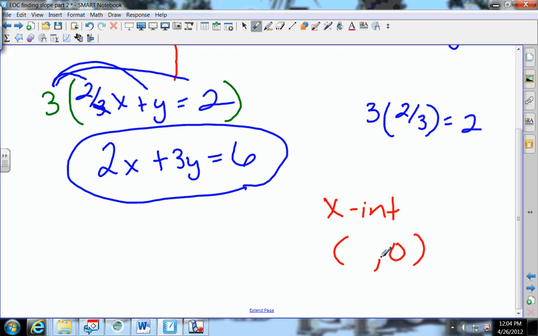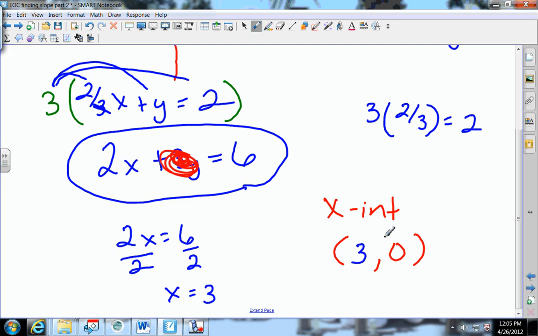So if my Y number is 0, that makes this cancel out. I'm doing the cover-up method. So now I have 2x equals 6. If I divide by 2, x equals 3. There would be my X-intercept.